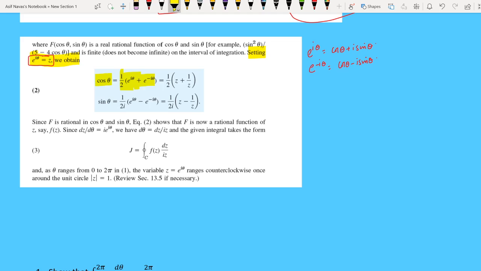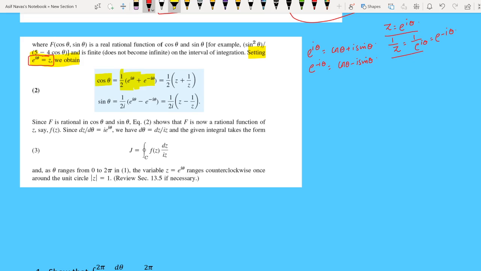And we just substitute z equal to e power i theta. Then what is 1 by z? 1 by z equal to 1 by e power i theta, which is equal to e power minus i theta. So z equal to e power i theta and 1 by z equal to e power minus i theta.